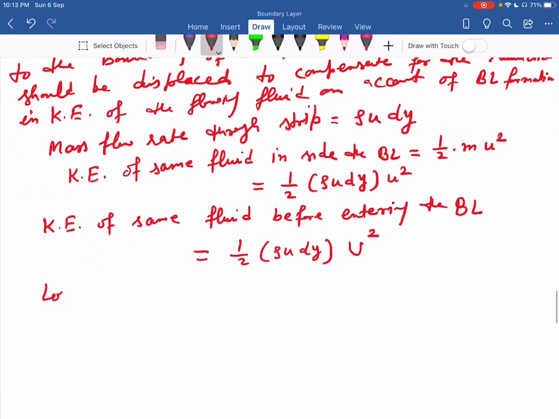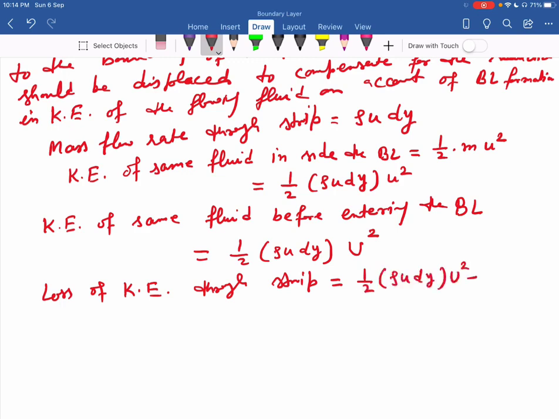So now you can write the loss of kinetic energy through the strip: 1 by 2 rho u dy into U square minus 1 by 2 rho u dy into u square, which equals 1 by 2 rho u into (U square minus small u square) dy.